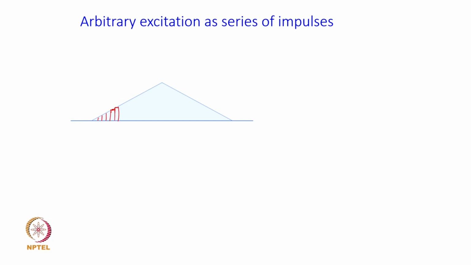Now, just for the sake of simplicity, it is shown triangular, but I can as well take into account any arbitrary excitation, and for this arbitrary excitation I can discretize and use it as a piecewise linear. In this piece, this has a constant amplitude.